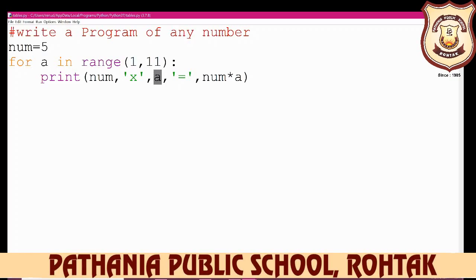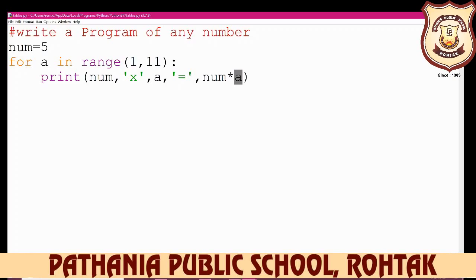A is the name of variable. This a displays numbers 1 to 10, and this num displays the number 5. So 5 multiply 1, then you write the equal to sign again, and then write num. Num is your 5 multiply a. A is your first time 1, second time 2, third time 3.